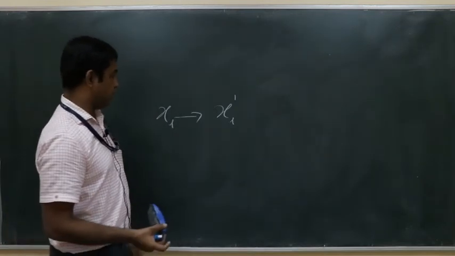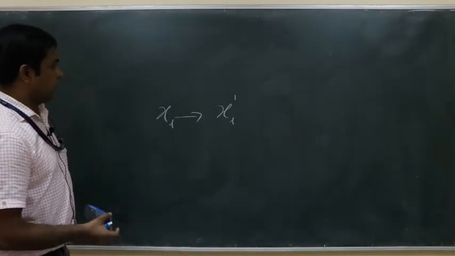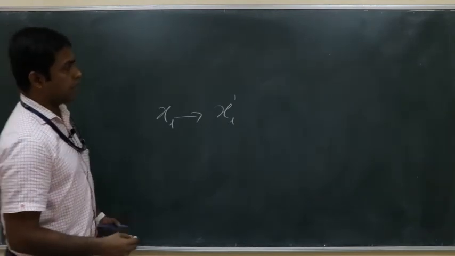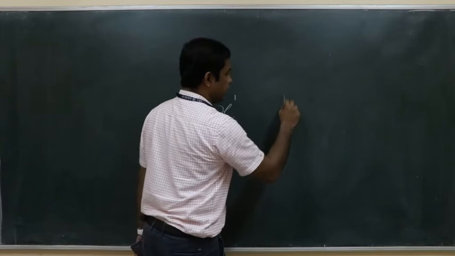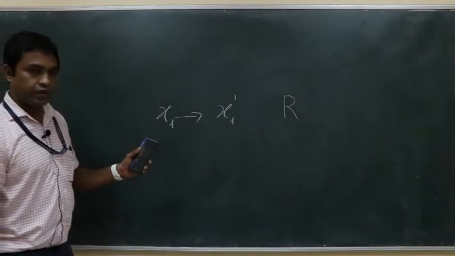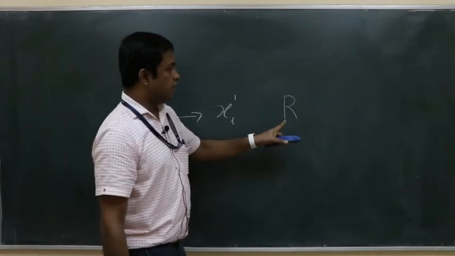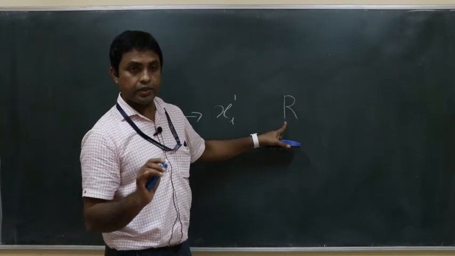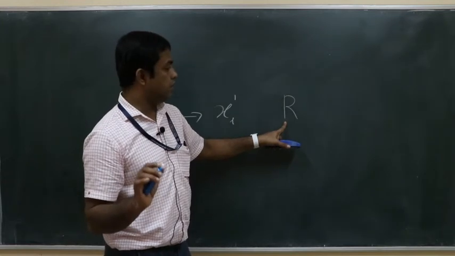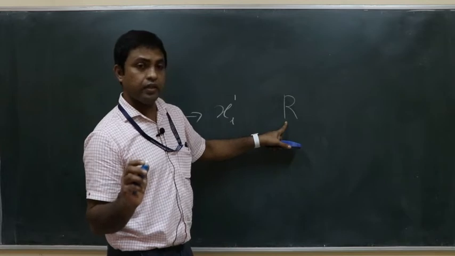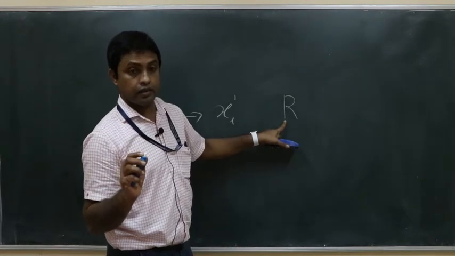Usually, that is the way you have been familiar. Now the coordinate transformation can be represented by a rotation matrix R. We are now talking about a three-dimensional Euclidean space. In that Euclidean space, the rotation can be represented using a matrix R.